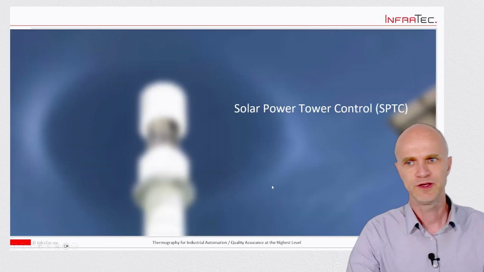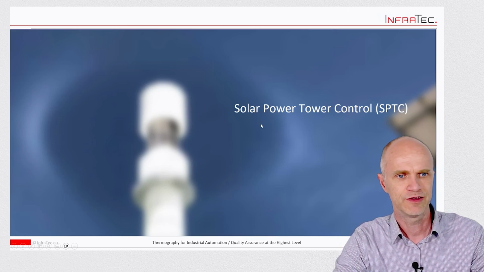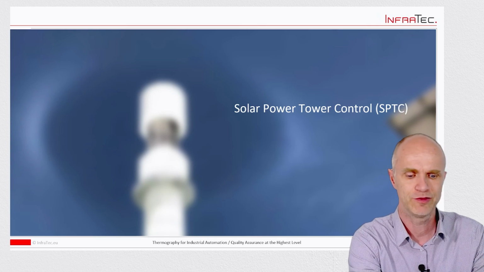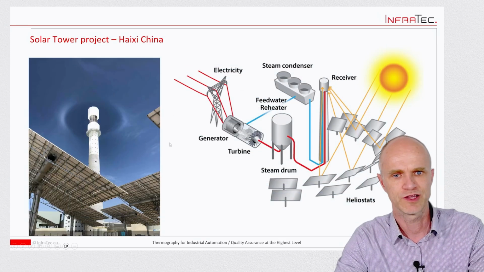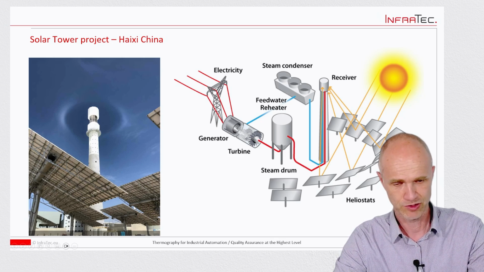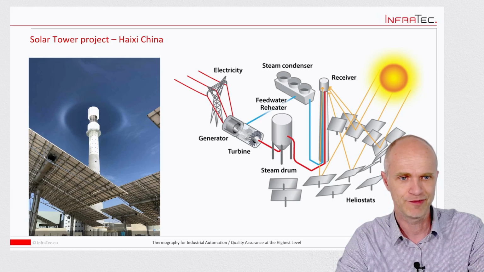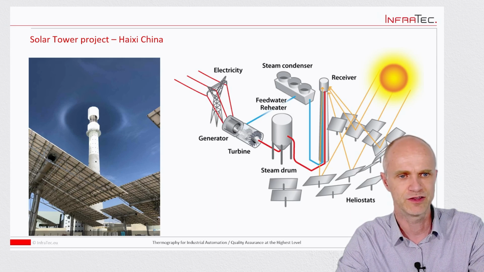Good. An application I would also like to highlight is our solar power tower control, so-called SPTC. And this is used for solar towers, which are common. We have also one solar tower in Germany, which is for R&D level, but we also made projects, for example, in the Atacama Desert in Chile or in China in the desert.